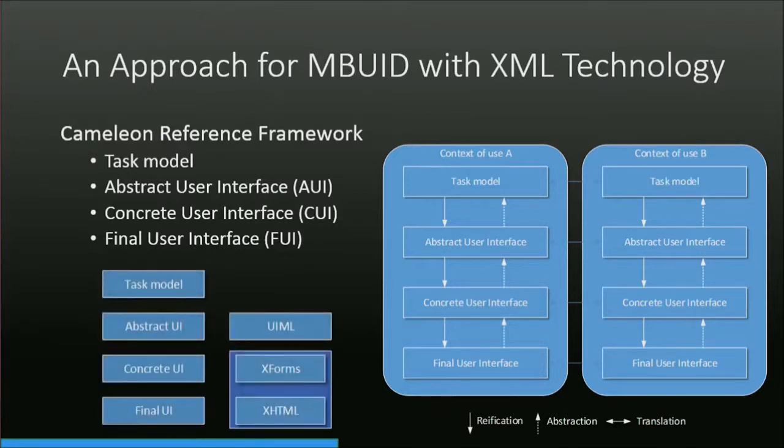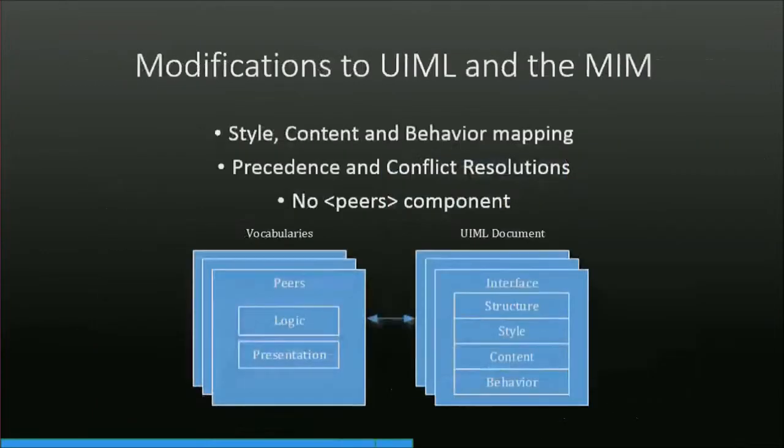In terms of this Chameleon reference framework, our approach maps like this, where with UIML we describe the abstract user interface, and XForms represents our concrete user interface, which in turn is transformed into XHTML, which is our final user interface.